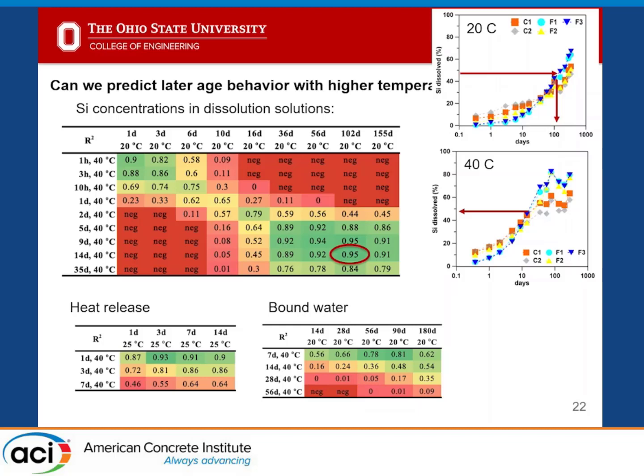We see virtually no dependable relationship in the heat release results, but we do see some decent relationship between accelerated testing in bound water. So you can see this is kind of the same ratio of days. We had 14 days to 102 in the dissolution results. We have 7 days and 56 days in the bound water. So at least for the bound water test, it appears that we may actually be able to predict this. The problem with the heat release is that we typically don't run it for long enough, it seems.